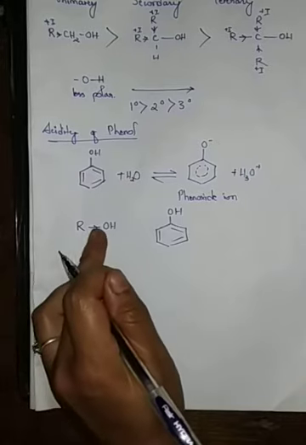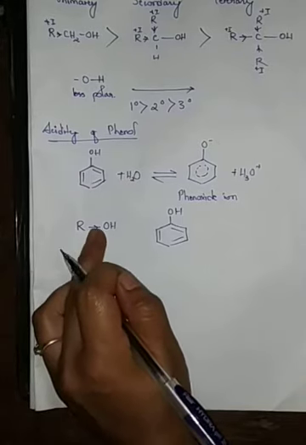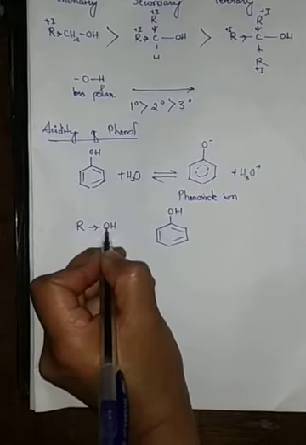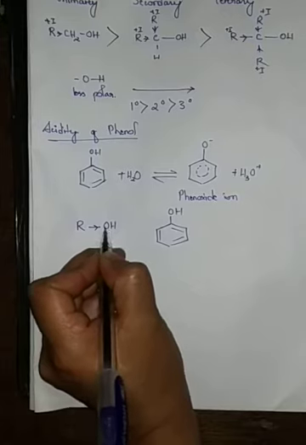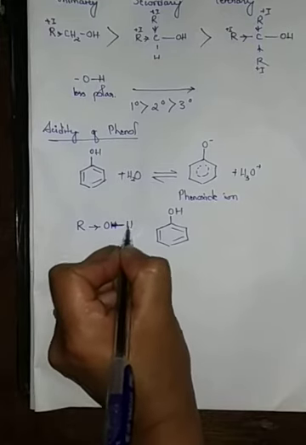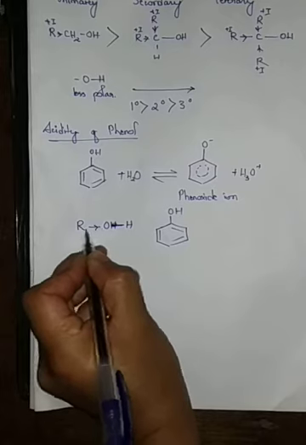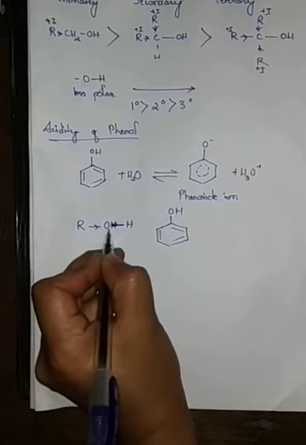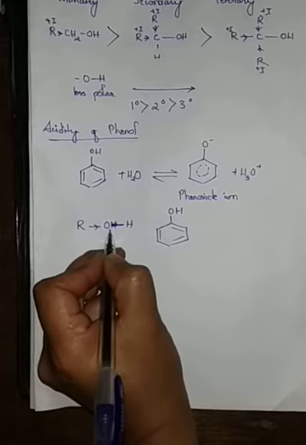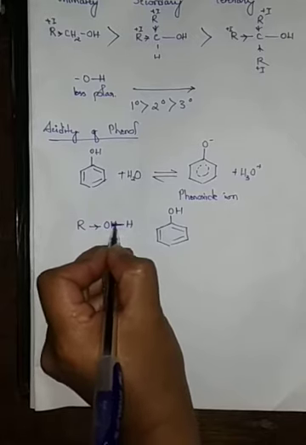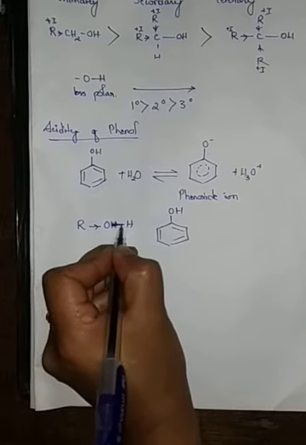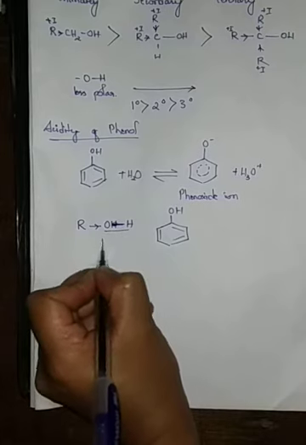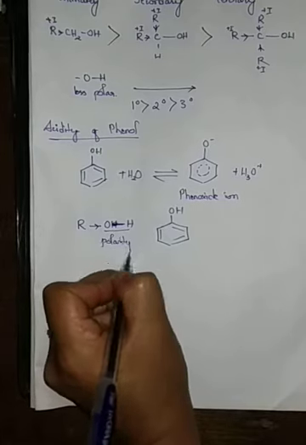The alkyl group is an electron releasing group. Since the alkyl group releases electrons towards the oxygen atom, this increases the electron density on the oxygen atom. So the oxygen atom will show a lesser tendency to pull the electrons towards itself. As a result, the polarity of this OH bond decreases.